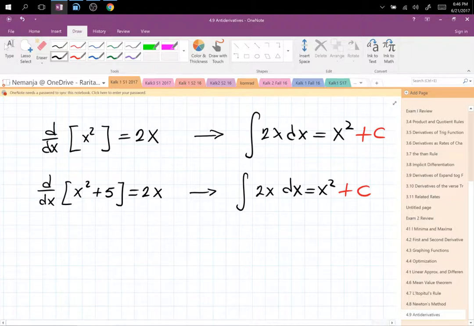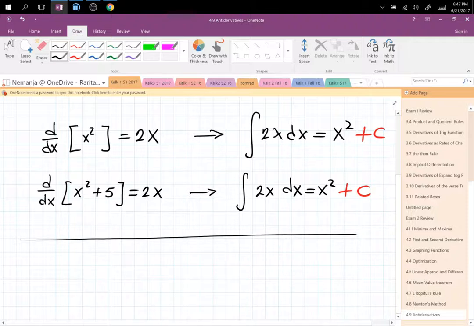Now, are you going to memorize new formulas for this? The answer to that question is, for the most part, no. What you are going to realize here is that these are backwards derivatives. So what's the integral of cosine? Sine. What's the integral of sine?